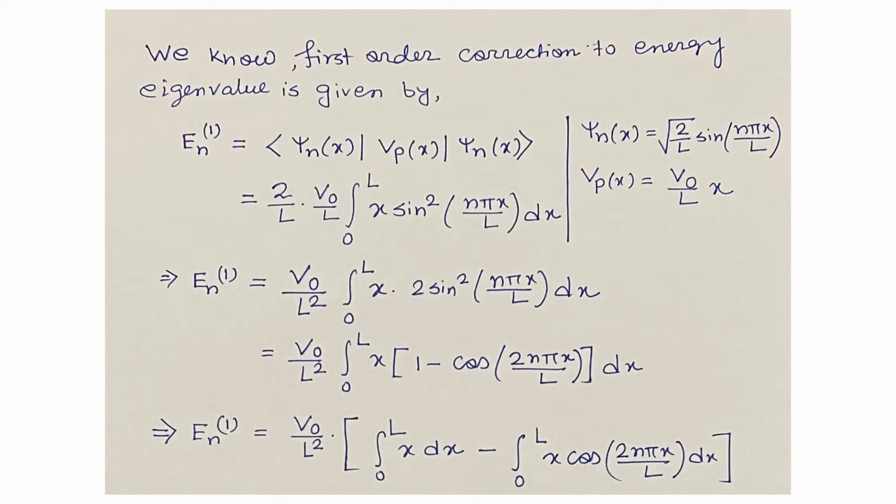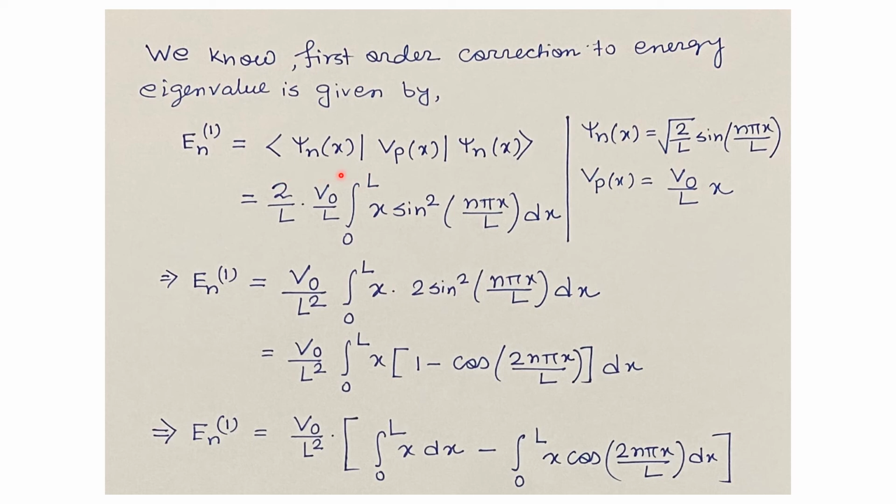Till now, we already know about the wave function of the unperturbed system and the form of the perturbation or the perturbed potential in that system. Now we have already discussed how to find the first order correction to the energy eigenvalue in presence of the perturbed potential. So we have to take the expectation value of the perturbed potential with respect to the unperturbed wave function of that system.